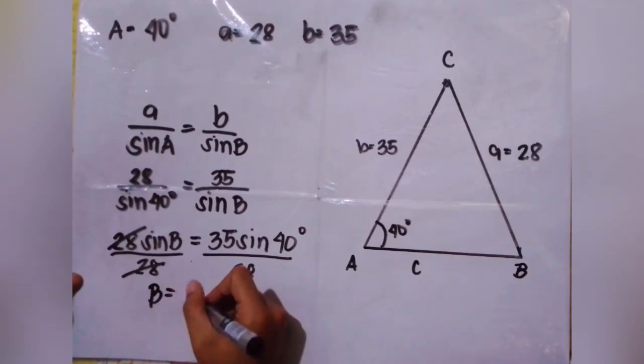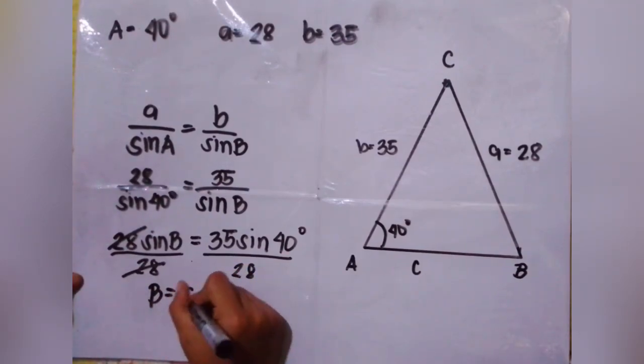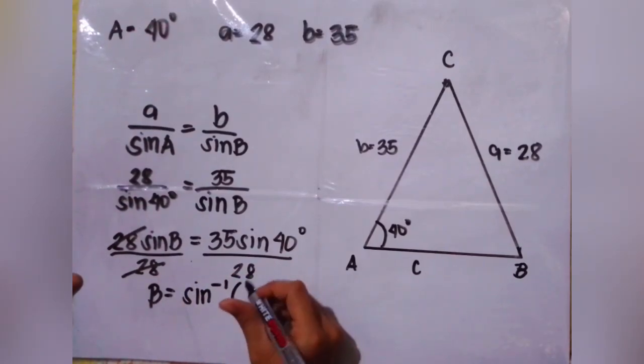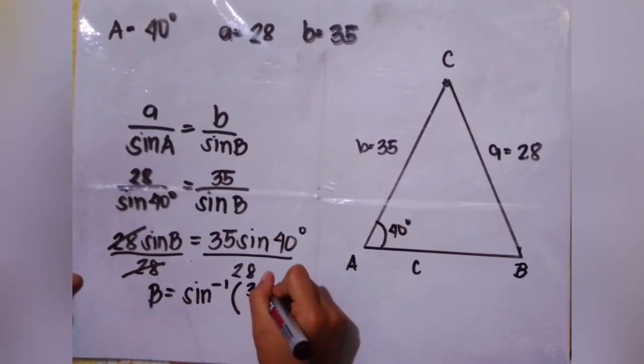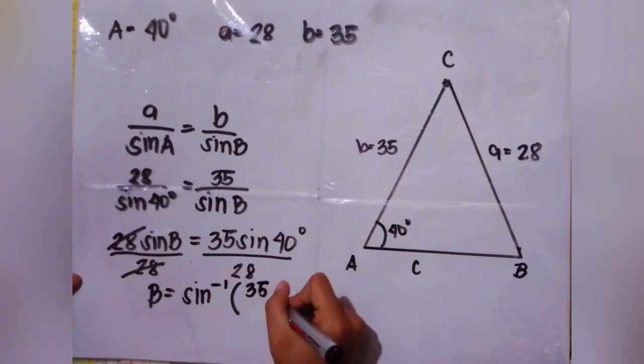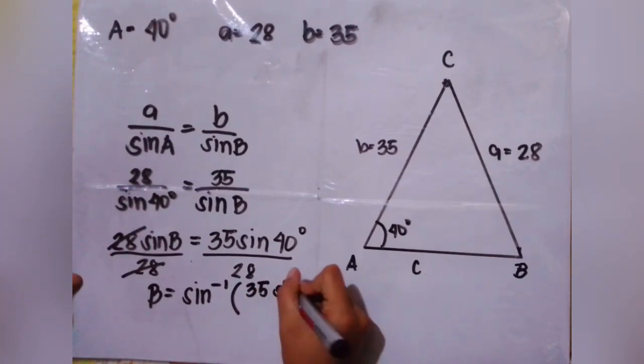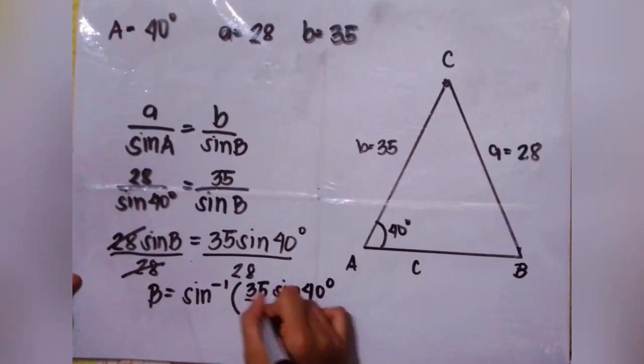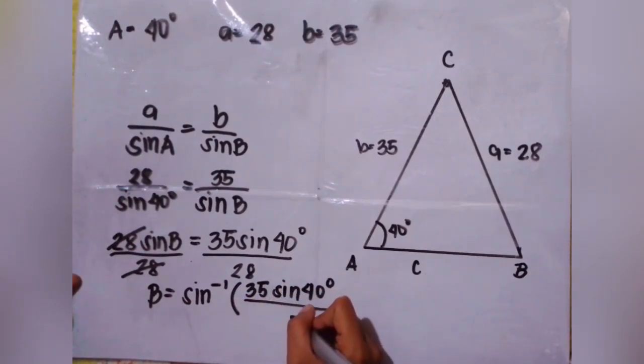Angle B is equal to arc sine of 35 times sine 40 degrees over 28.